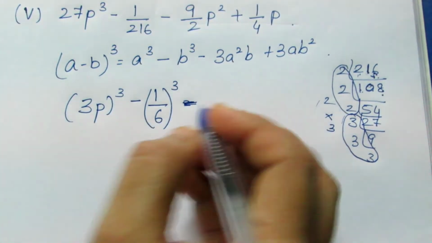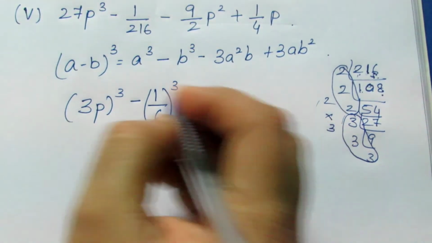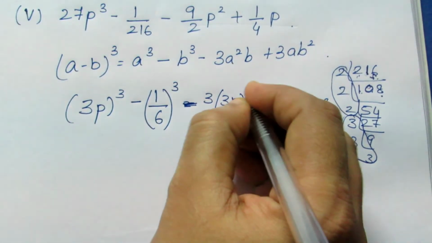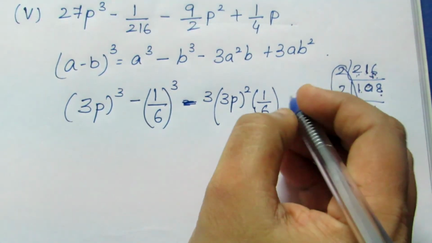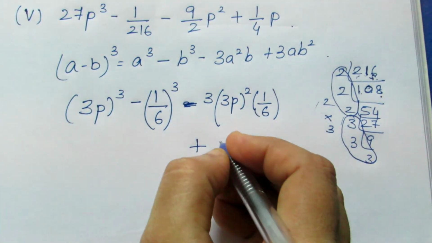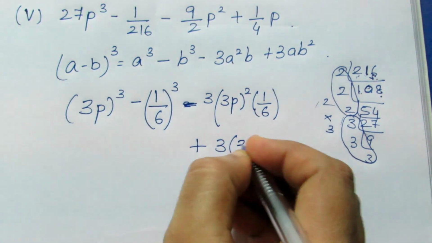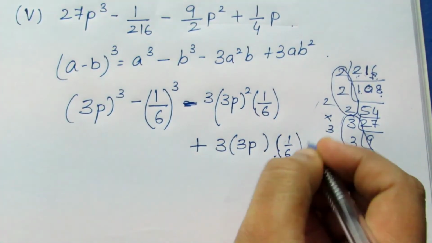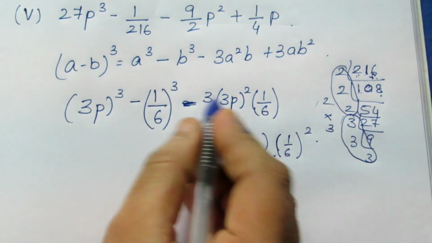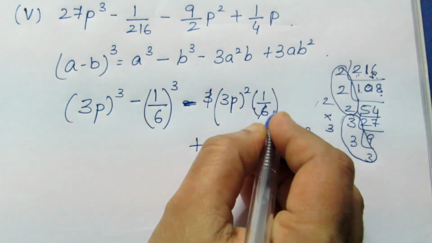Now, minus 3, a square is 3p square, b is 1 by 6. Now plus 3ab square. Now this is single, there is no power, so you can cancel this.